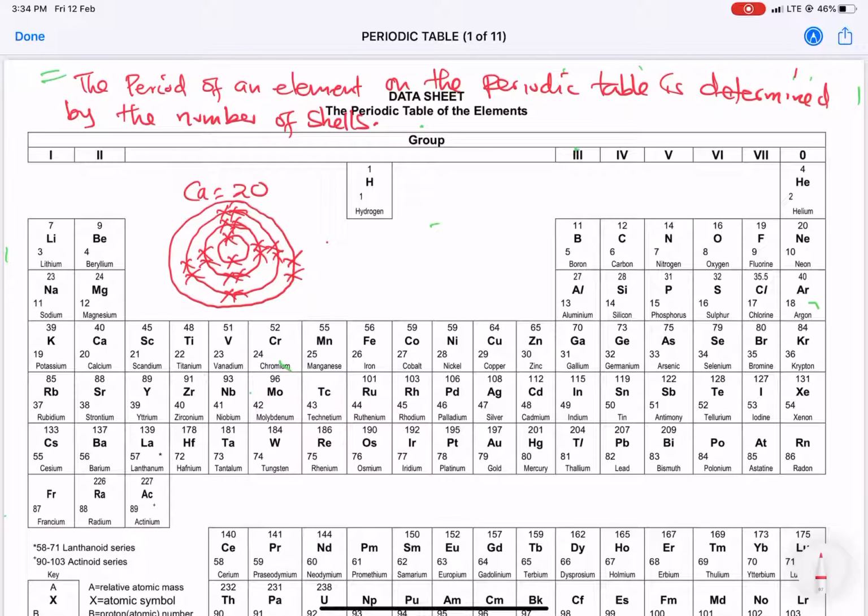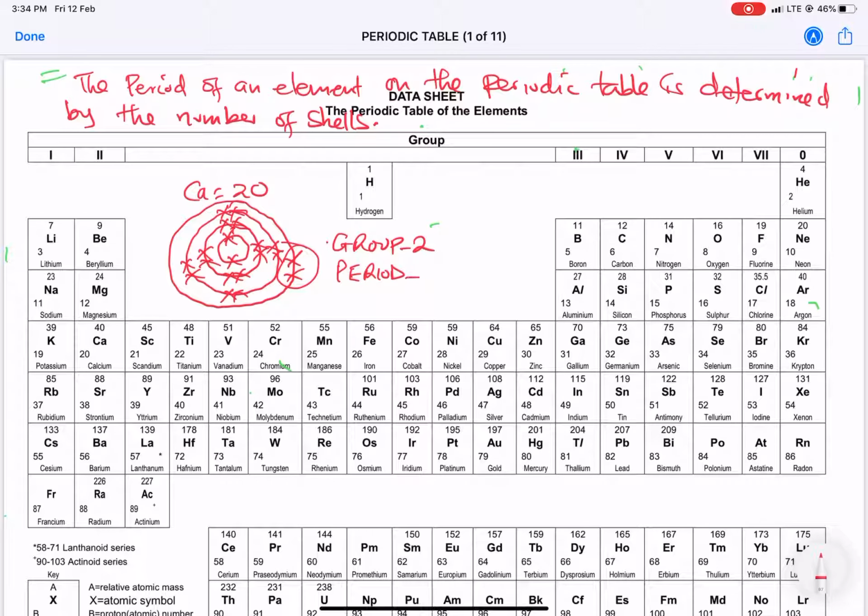So in which group of the periodic table can you find calcium? It's group 2, right? So calcium is in group 2. Why? Because it has 2 electrons in the outermost shell. Now, in what period is calcium found?